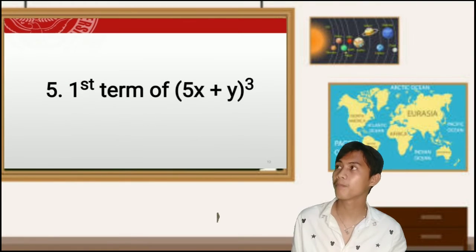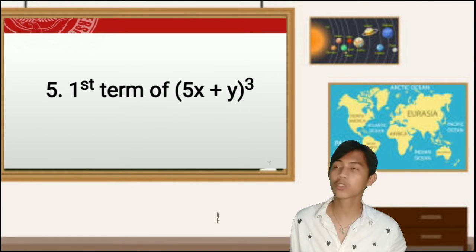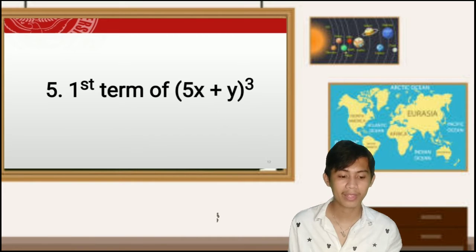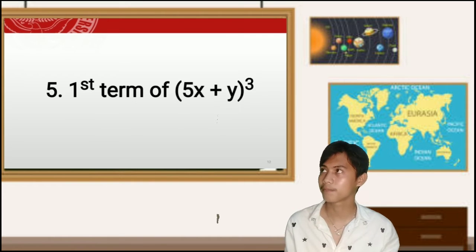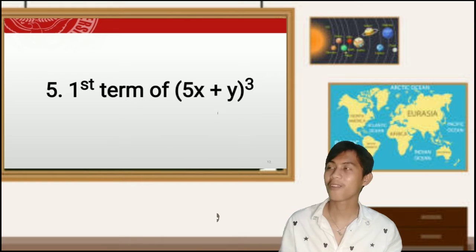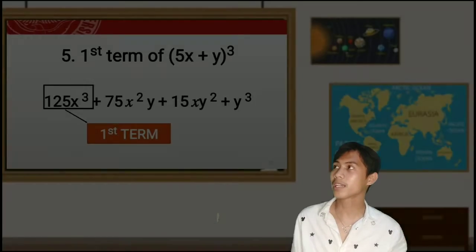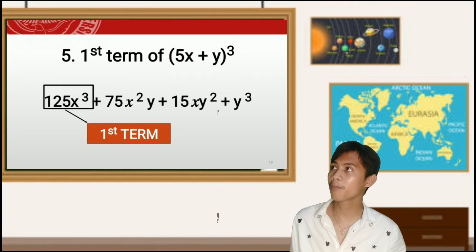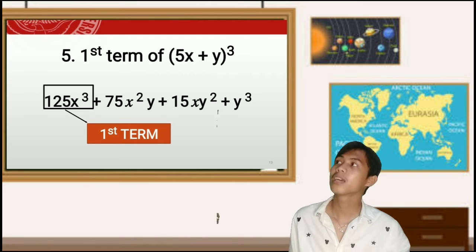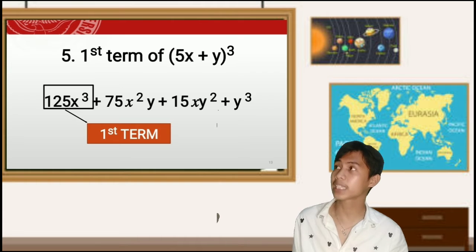Then, number 5. What is the first term of (5x plus y) to the power of 5? Yes, bird. Very good. So, the first term of (5x plus y) to the power of 5 is 125 x cubed.